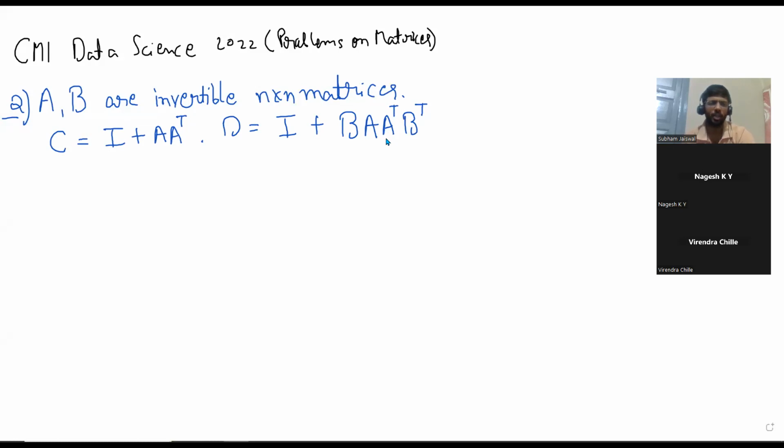Now, what can you say? This is all that's given, and the question is, what can you conclude? You need to say if it's true or false. Can we say that (AB) inverse is equal to identity plus B inverse A inverse?